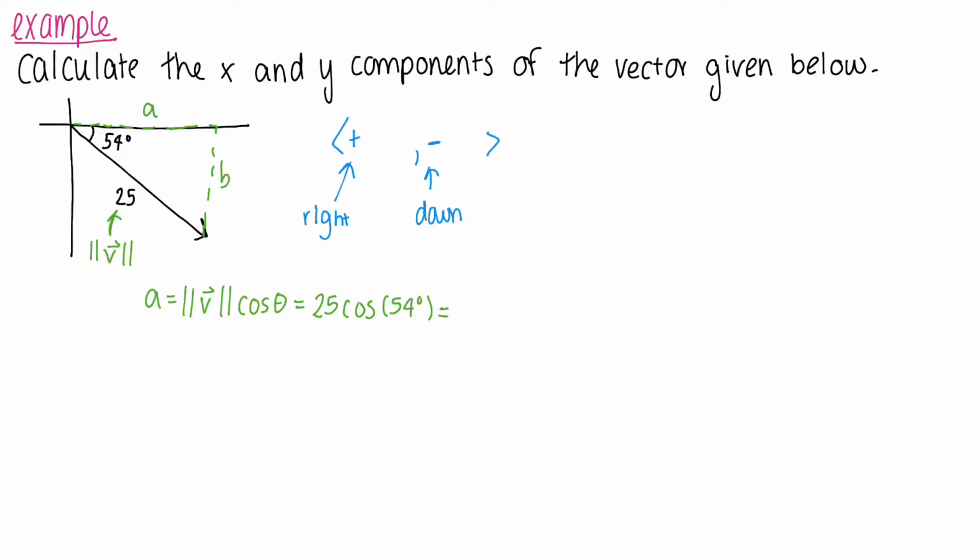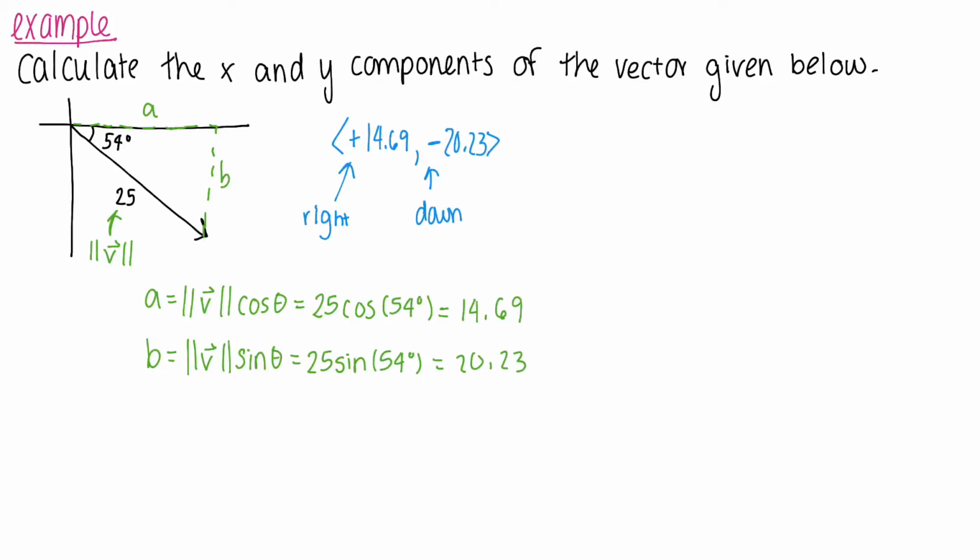And you get approximately 14.69. And then plugging the other one in, so B, our vertical component, that's going to be 25 sine of 54 degrees. So plugging that in, you get 20.23.